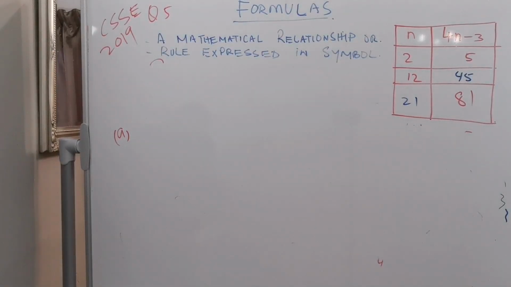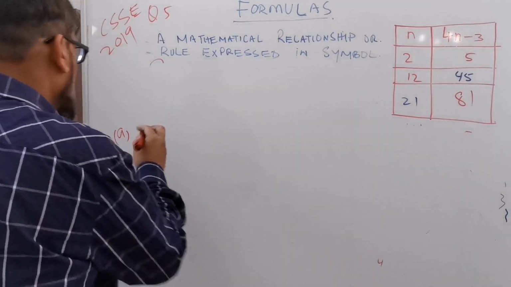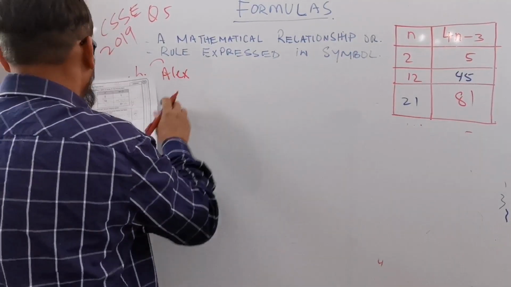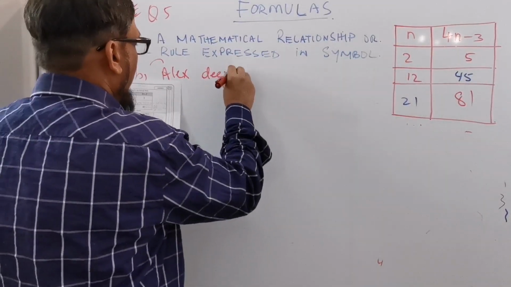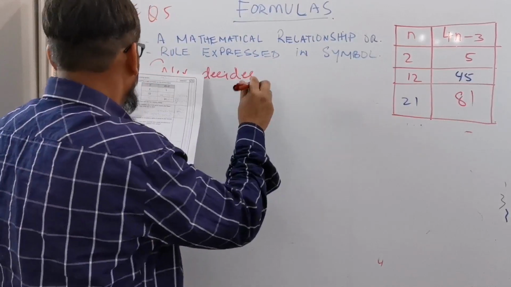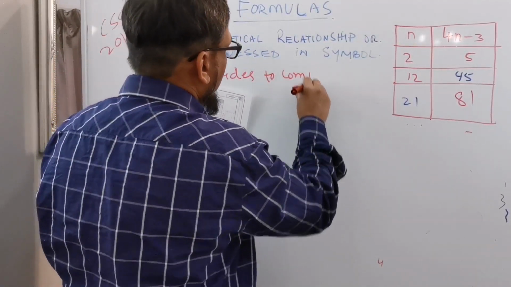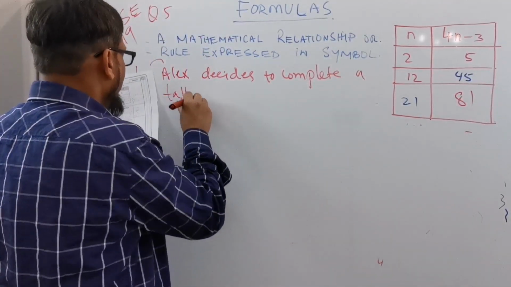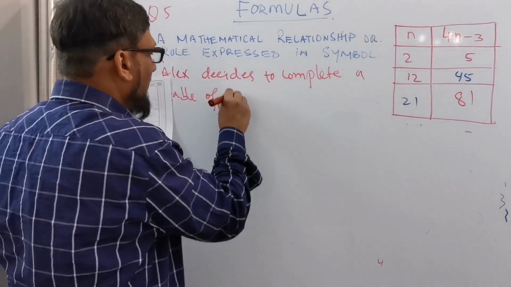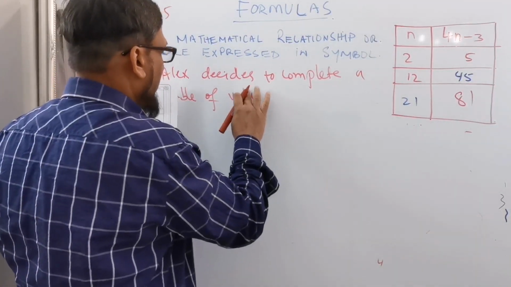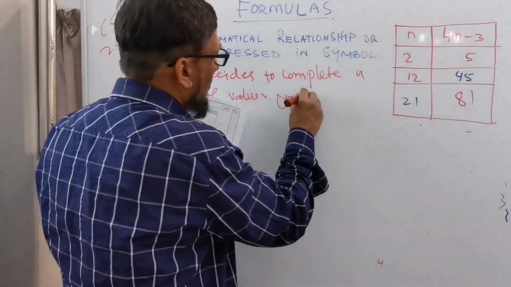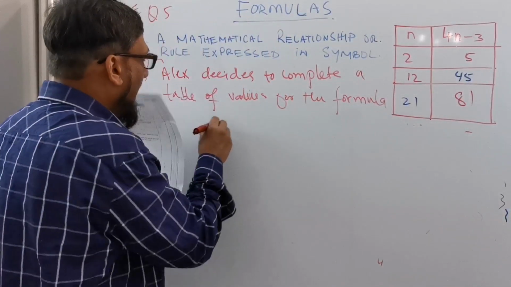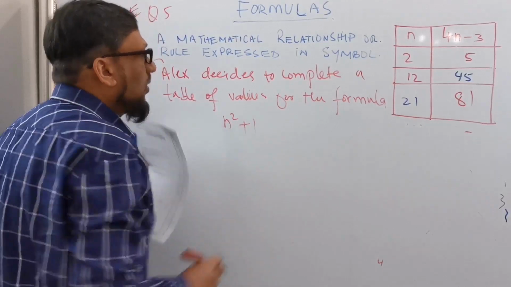Part B says Alex decided to complete a table of values for the formula n square plus 1.